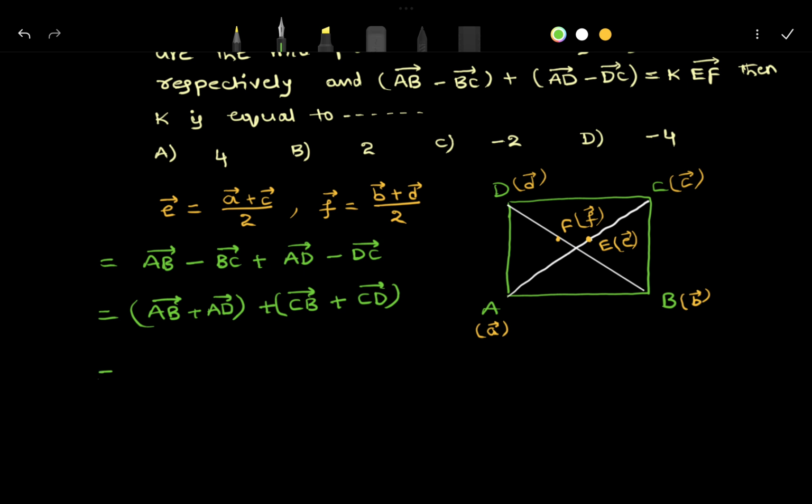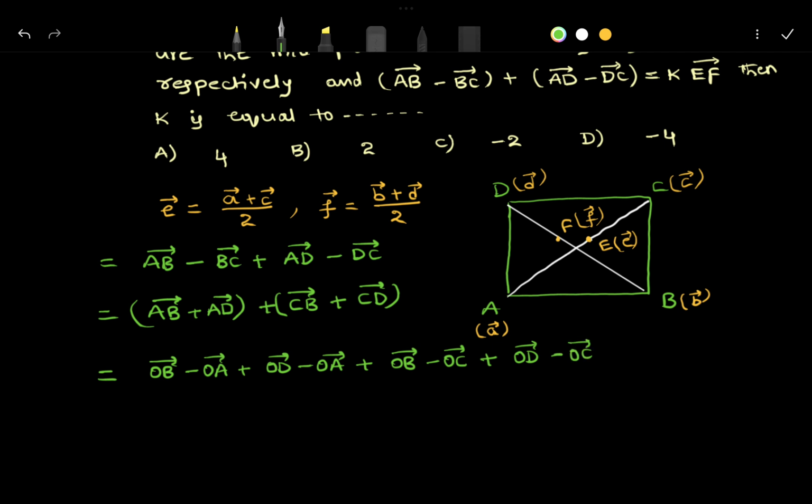Now you can write this as OB minus OA plus OD minus OA, plus OB minus OC plus OD minus OC.